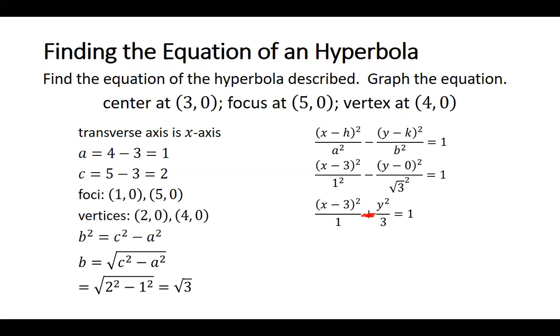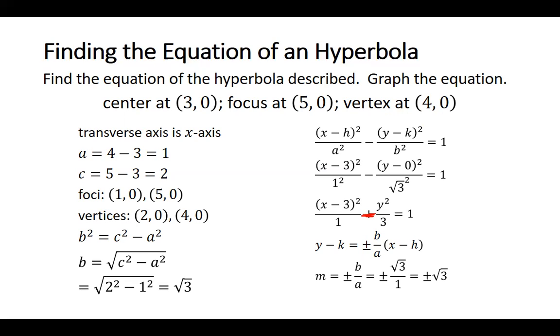And now that we have our generic equation for that, we can find our asymptotes. So y minus k is equal to plus or minus b over a times x minus h.